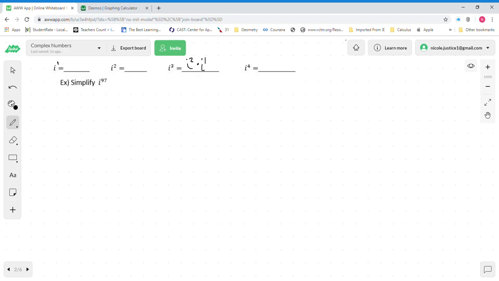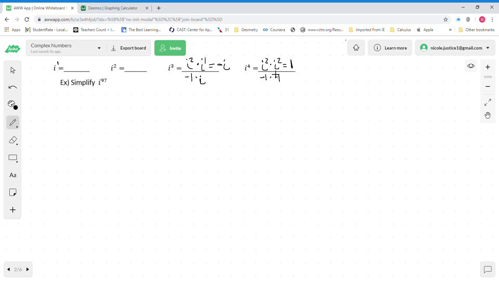Well, i squared was just -1, and i to the first was just i. So i to the third is -i. And then i to the fourth is the same thing as i squared times i squared, and i squared is -1, so i to the fourth is just 1.